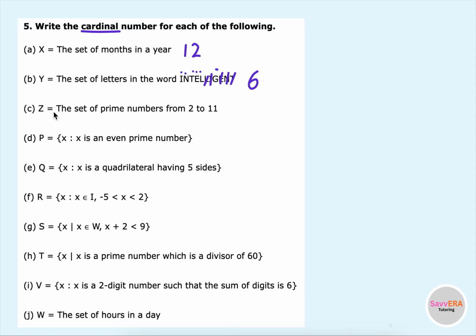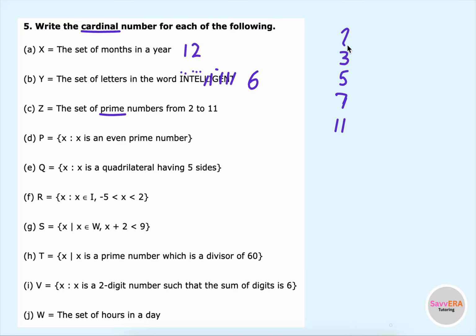Set Z has the set of prime numbers from 2 to 11. So how many prime numbers do we have from 2 to 11? So we have 2, 3, 5, 7, and 11.